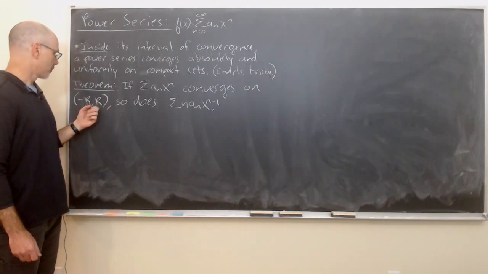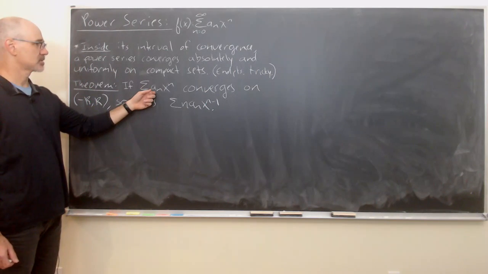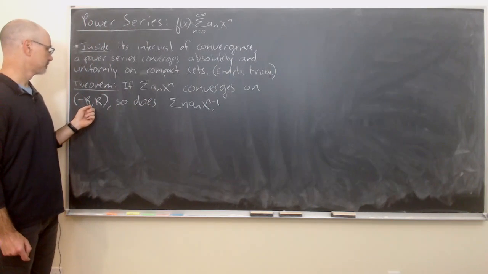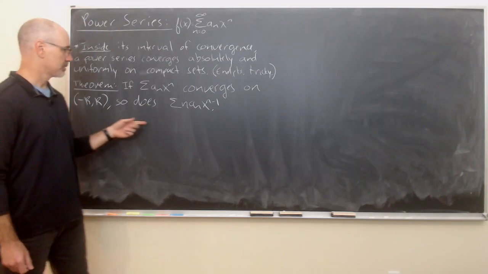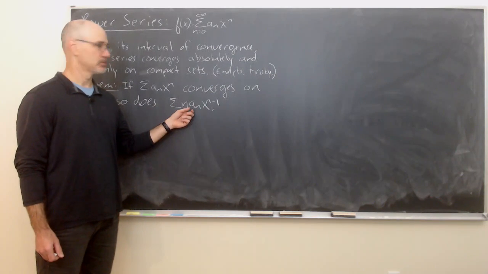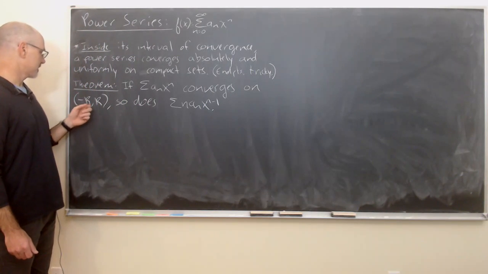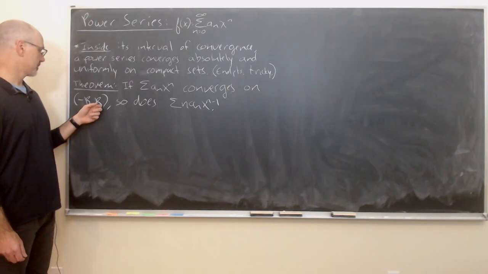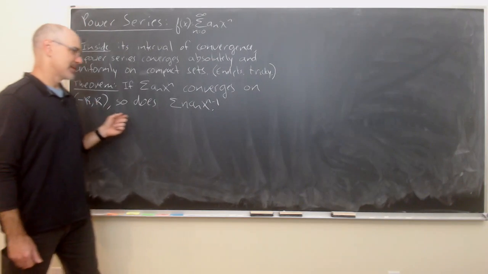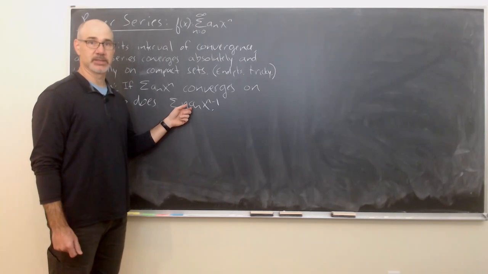So this is the theorem we're going to prove today. If the power series converges on some interval, then the power series of derivatives converges there as well. Now, one of the things that makes endpoints tricky is that if the original power series actually converges at one or both of the endpoints, that's not enough to tell us what the series of derivatives does at the endpoints.